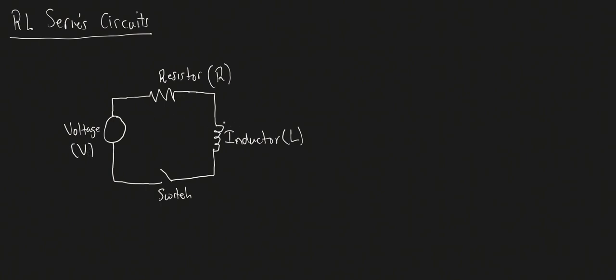Once we've determined what our voltage is going to be, are we going to have just a constant voltage? Are we going to have a sinusoid or anything like that? Our goal is to figure out what is the current in the circuit at any given time. Once you flip that switch, you turn it on, based on the voltage, we should then be able to determine what the current is.